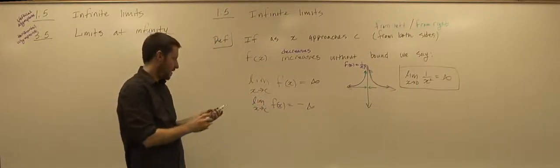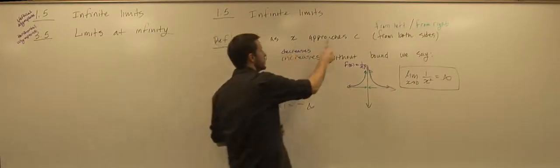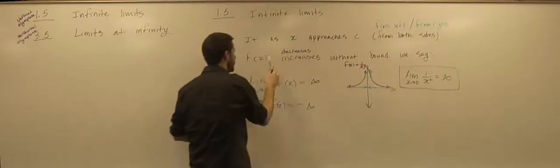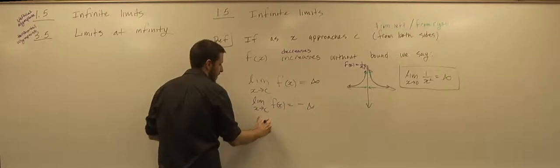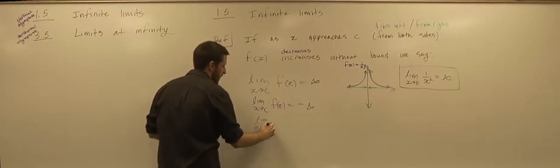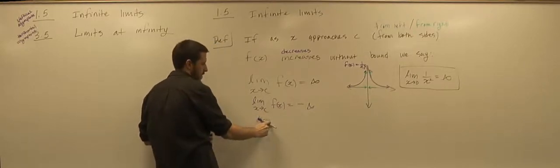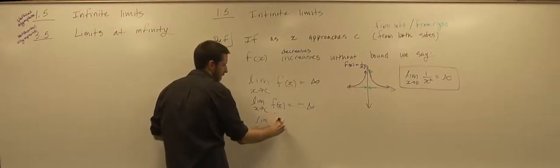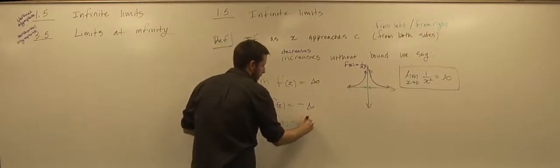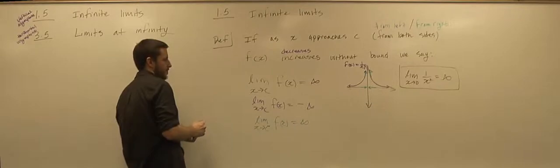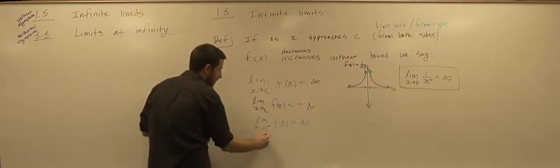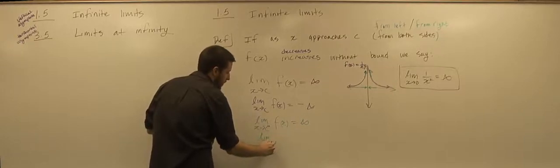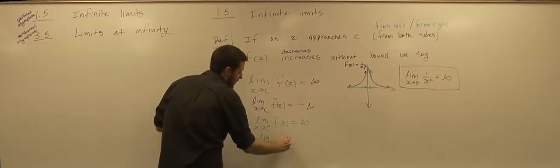If as x approaches c from the left, f of x increases without bound, then you would say the limit as x goes to c from the minus side of f of x equals infinity. Or from the right, then you would get the limit as x goes to c from the positive side of f of x equals infinity.